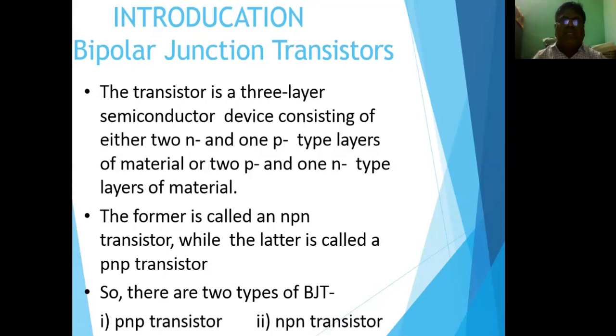So here what I am saying is, the BJT is a bipolar junction transistor. It consists of three layers: two N layers and one P layer is called the NPN transistor. One more transistor, two P layers and one N layer, is called the PNP transistor.